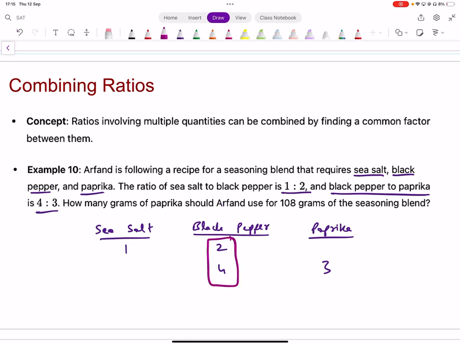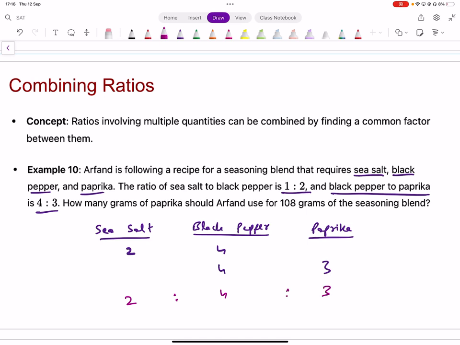We can make this number the same. So if this ratio is 1:2, we can also write this as 2:4. And now we can connect all three ratios. We can say the complete ratio is 2:4:3.